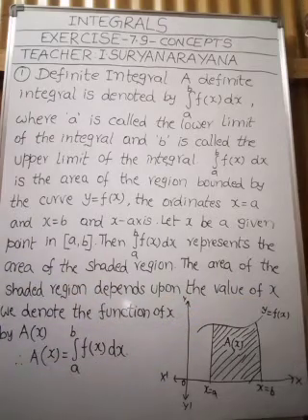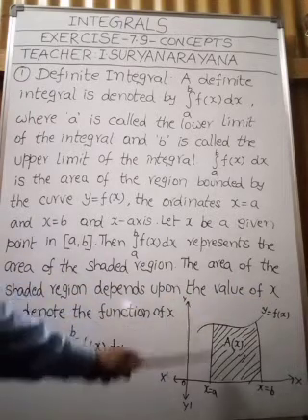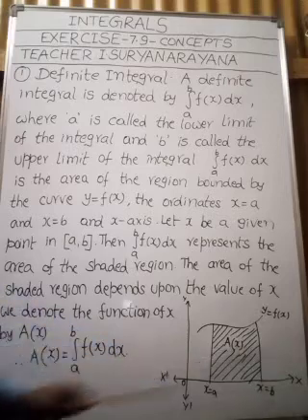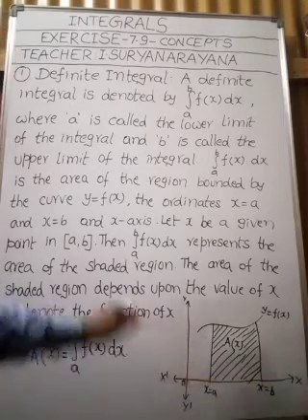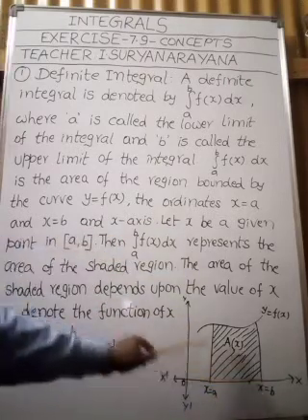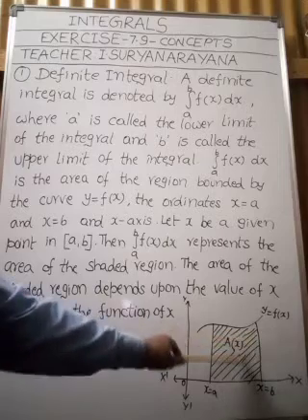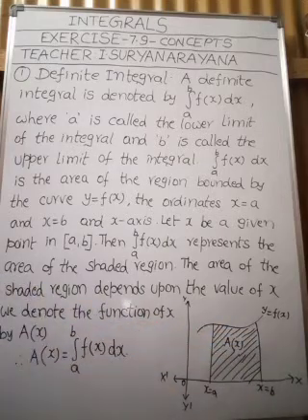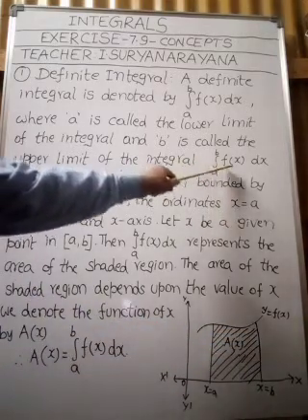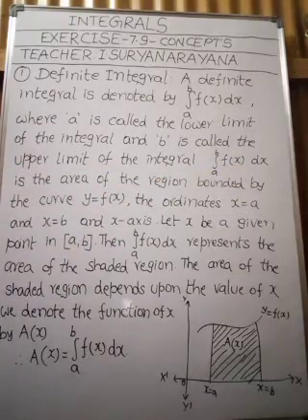Here x is equal to a and x is equal to b are the lower limit and upper limit. So this shaded region denotes integral a to b f of x dx.